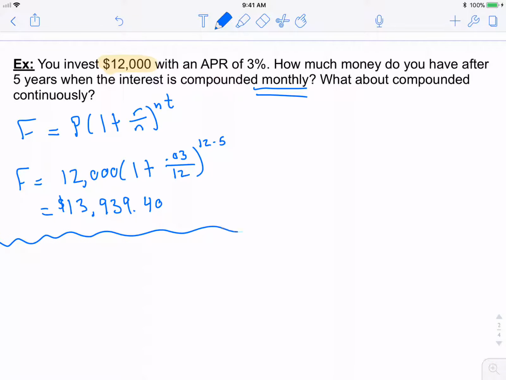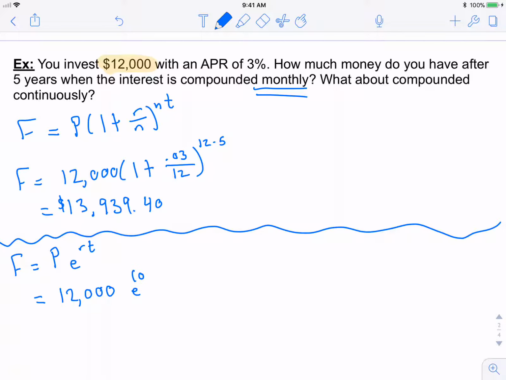Now what if we allowed it to compound continuously? Here we need to use our other formula. F is equal to P times e to the power RT, or PERT. And again, we plug in our numbers. P is 12,000. E is a nice irrational number. R is 0.03, 3%.